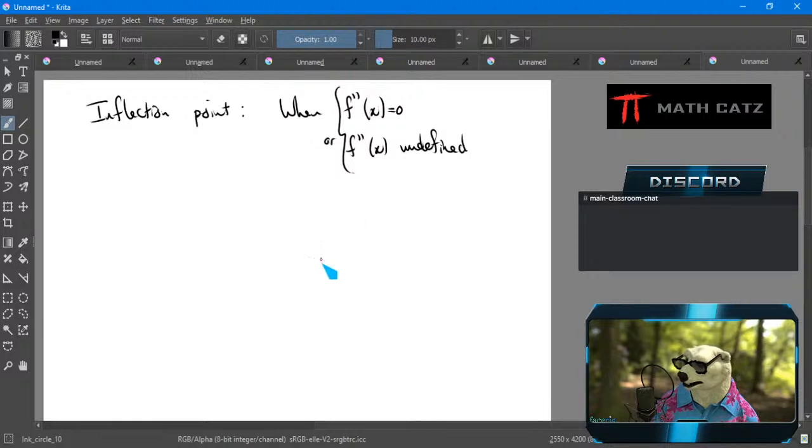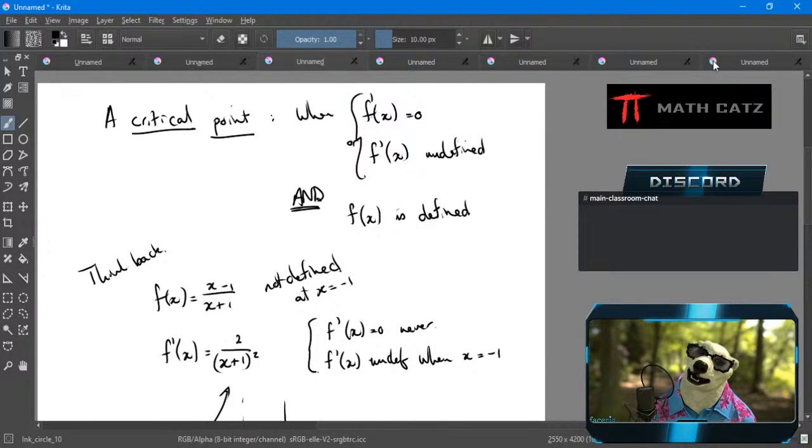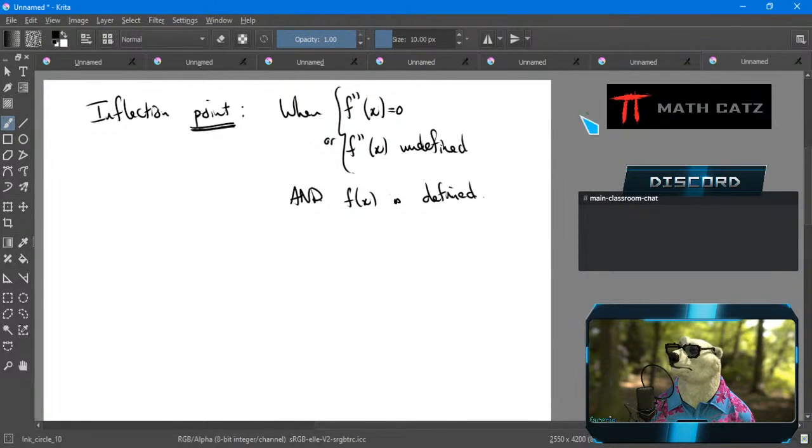So that's still my check, but now applied to the second derivative. And I have to have a point. So my function is defined there. There is a y value. There is a point. See, it's just like this one.